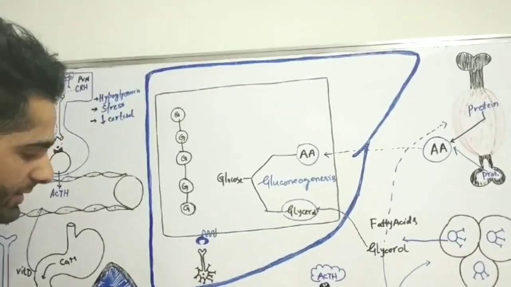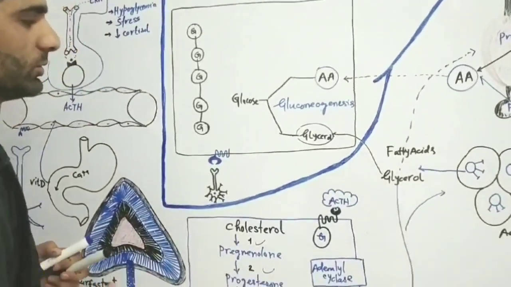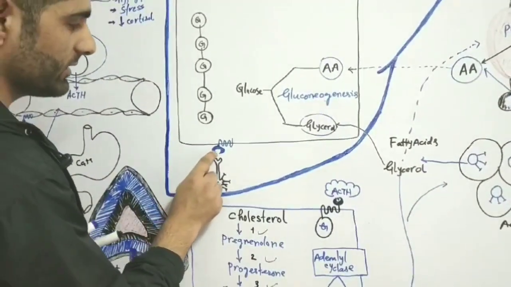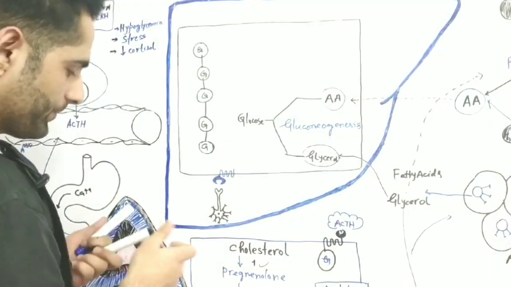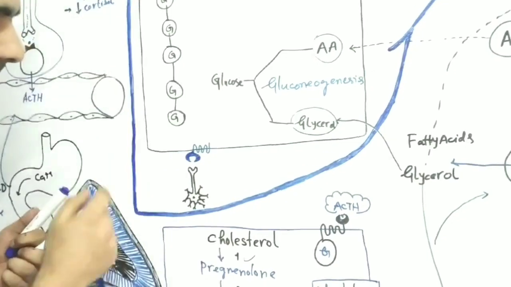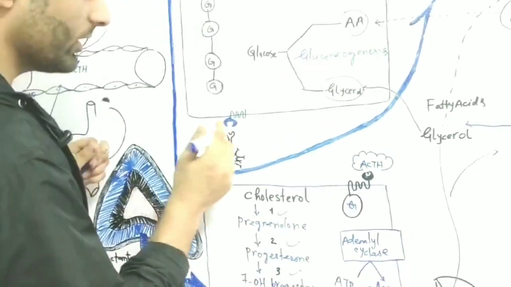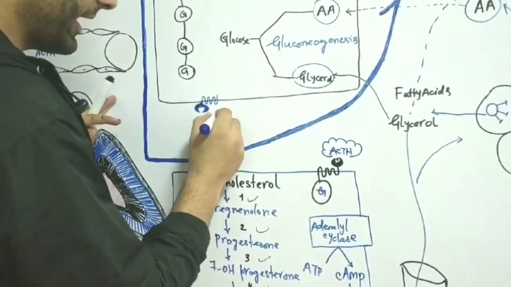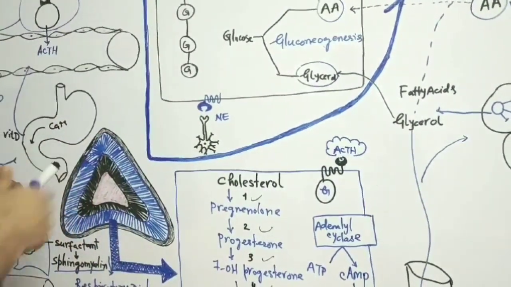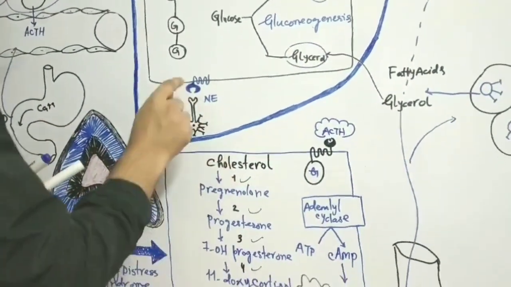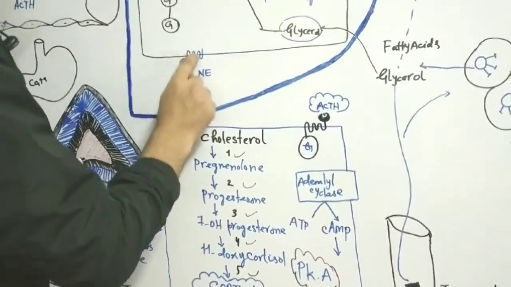Now, what is the cortisol going to do? Here you are seeing the receptor. This is the 7-pass receptor. Here is the neuron. This neuron secretes a hormone which is known as norepinephrine. Cortisol superactivates this receptor.